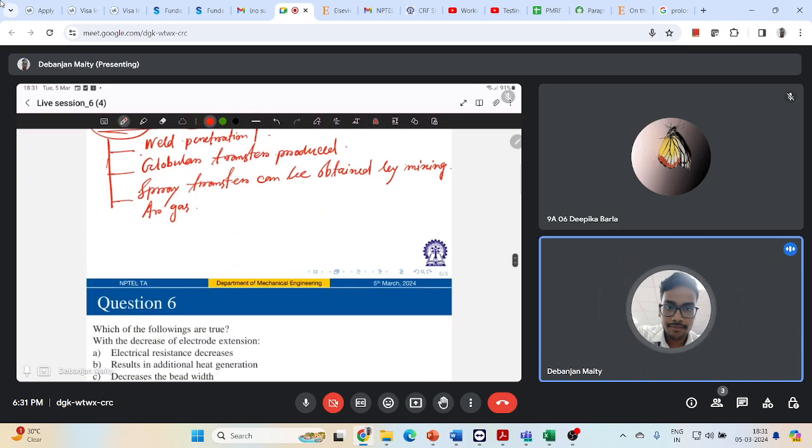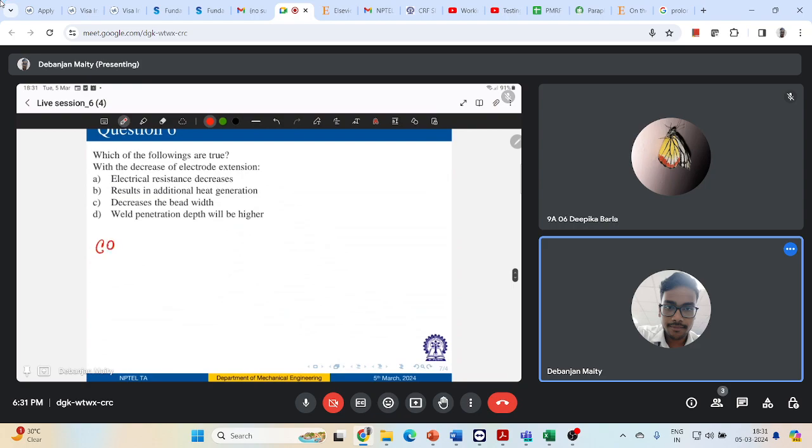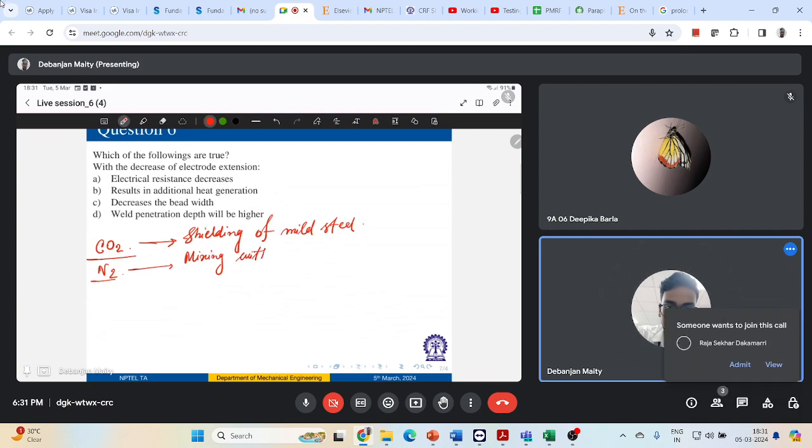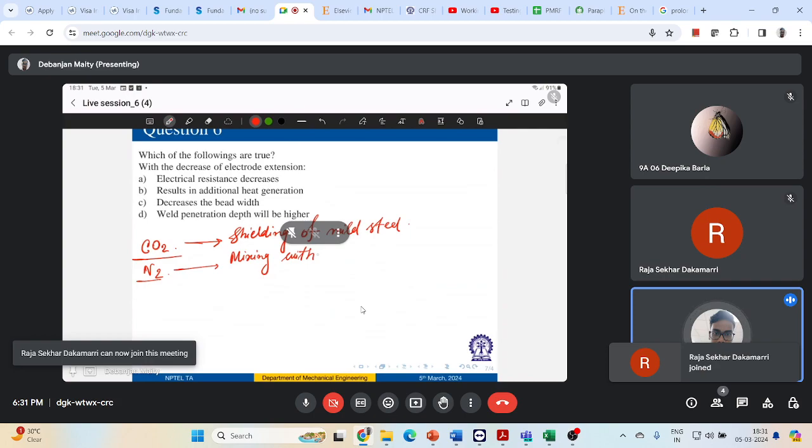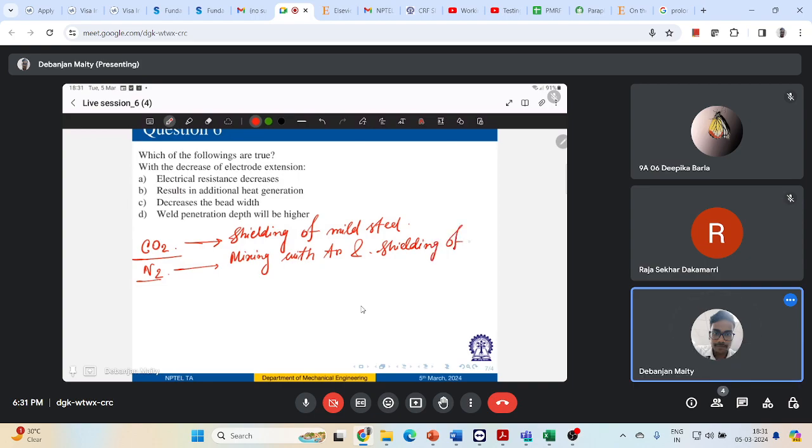I will note it down over here: shielding of steel, and mixing with argon and shielding of aluminum.